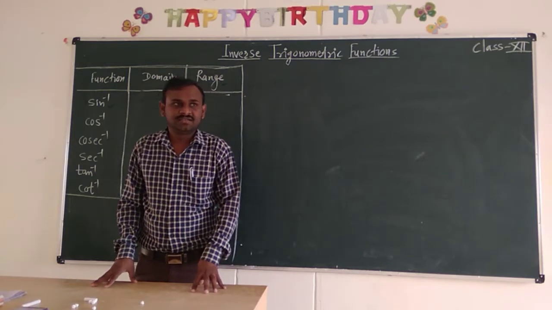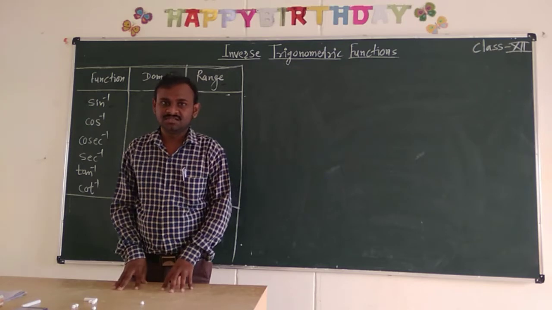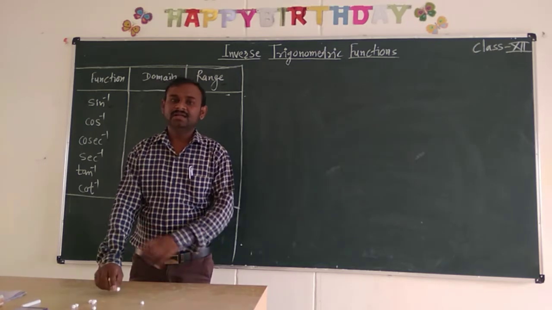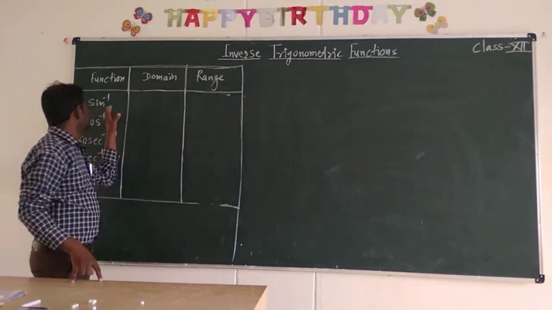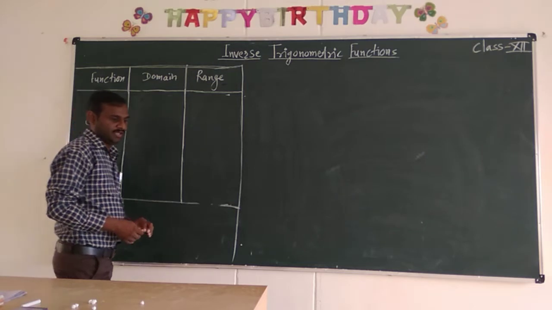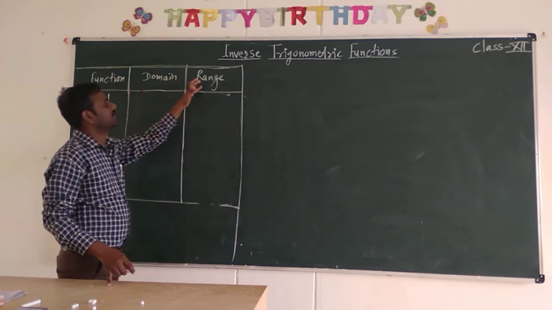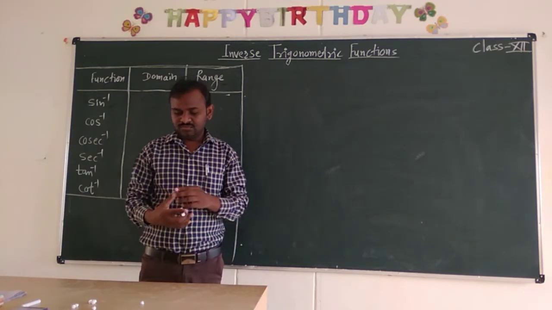In the last lecture we learned about inverse trigonometric functions, their domain, their range and the graph of the trigonometric functions. We also learned the function, domain and range of those inverse trigonometric functions.